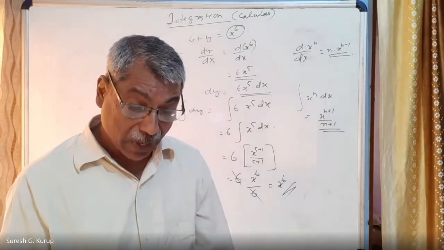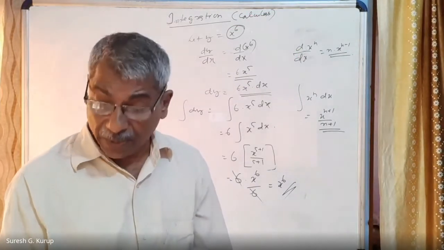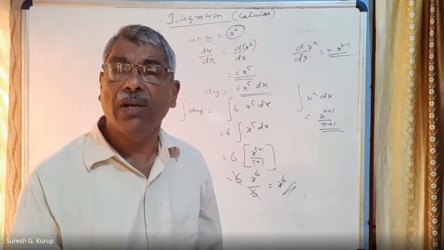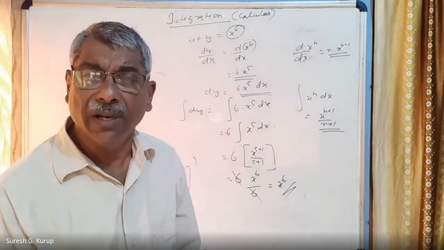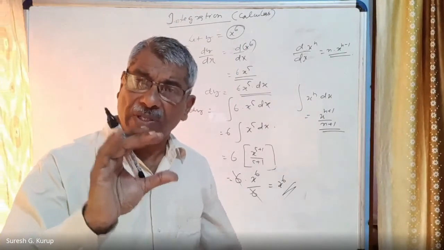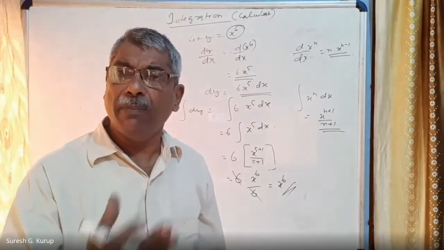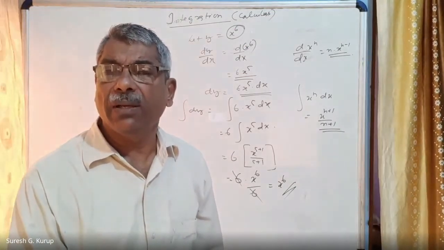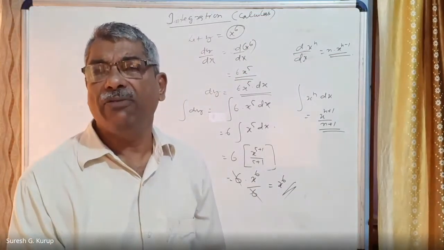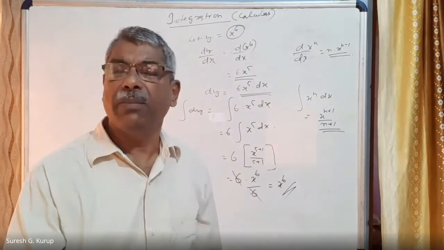So a very simple point: there are two types of integration. One is called a definite integral and the other is called an indefinite integral. Within fixed values, a lower limit and an upper limit, if a small value is integrated, that is called a definite integral.